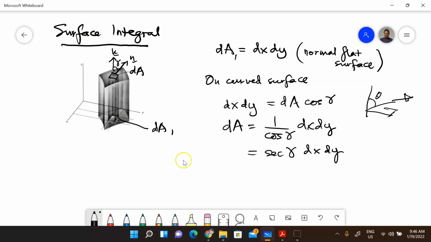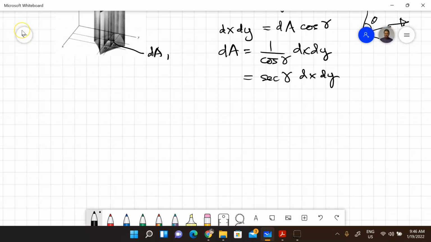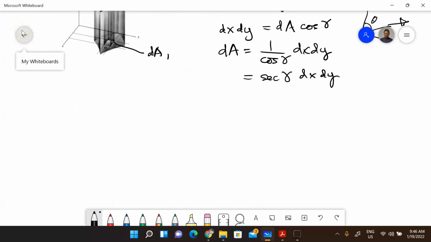So in order for us to do the calculation for the surface integral, what we need is the integral of dA equals to, if you can express it in terms of a meaningful variable, then it's okay, but otherwise you need to do this.